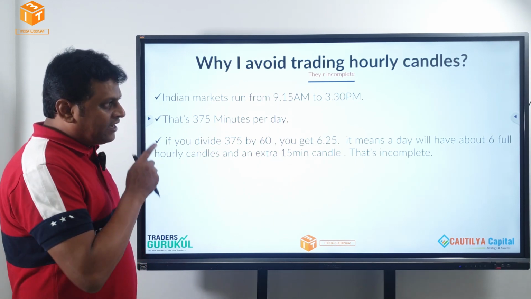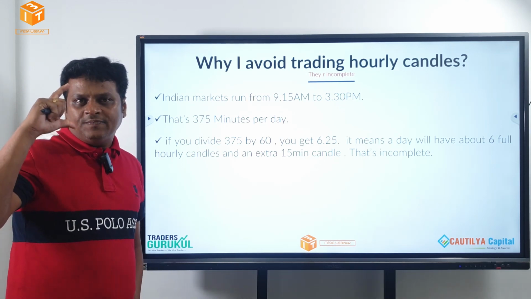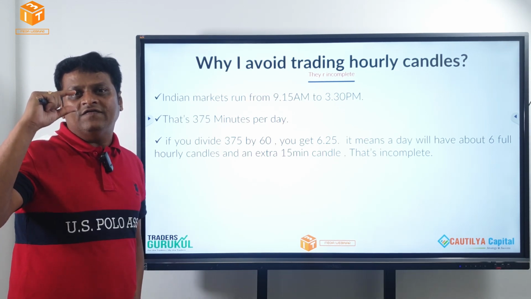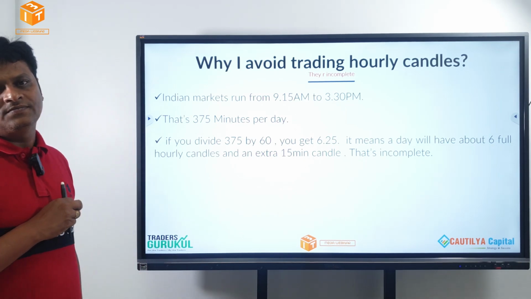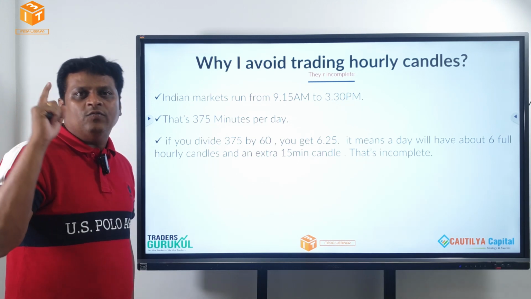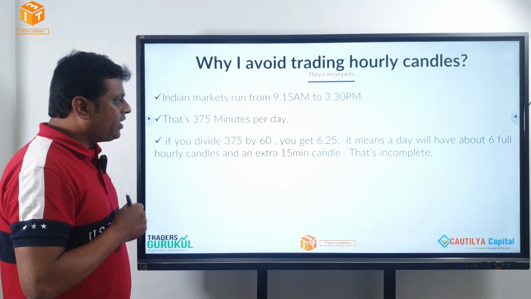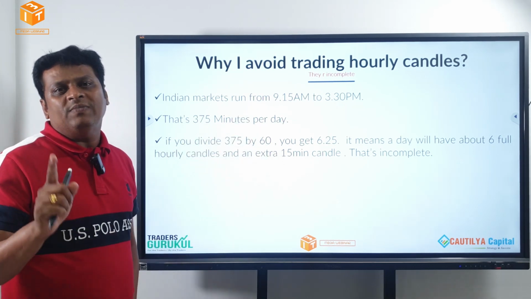It means a day will have 6 hourly candles and a partial candle, which is a 15-minute candle, which is not an hourly candle. It is a partial candle because it is less than 1 hour. That extra 15 minutes creates the incompleteness.